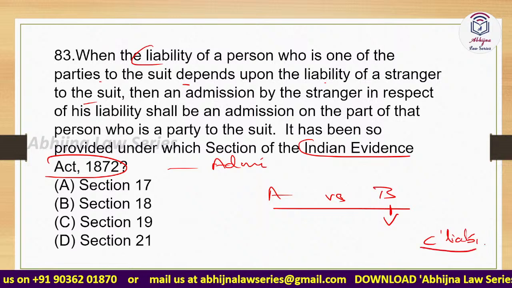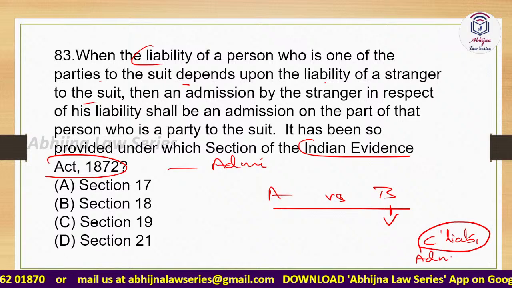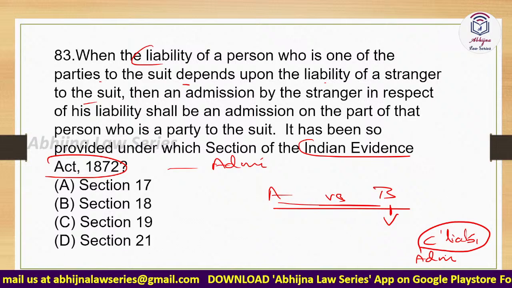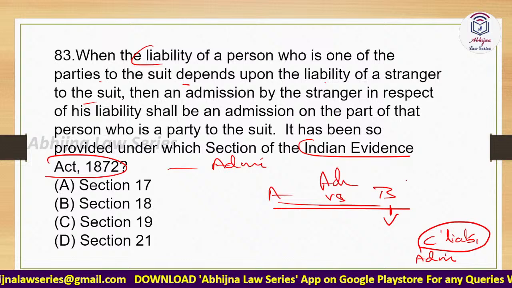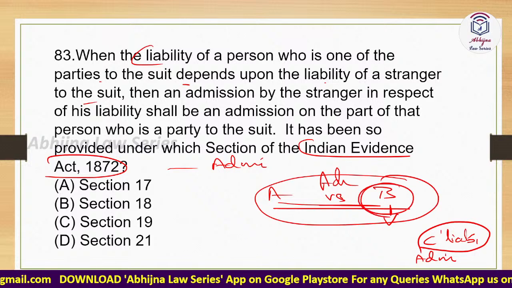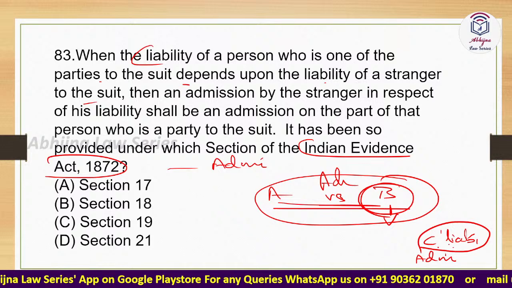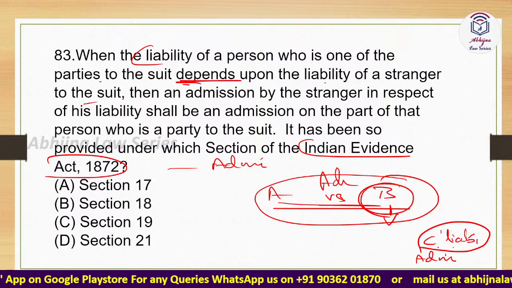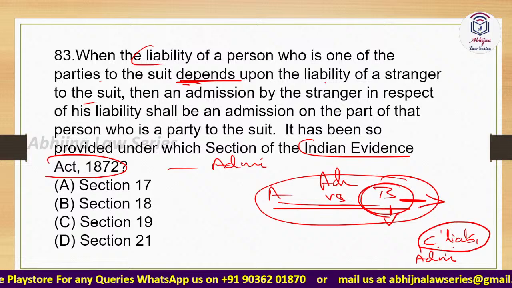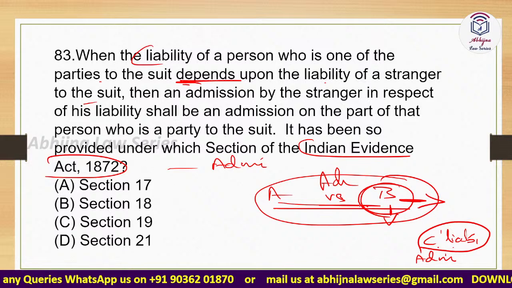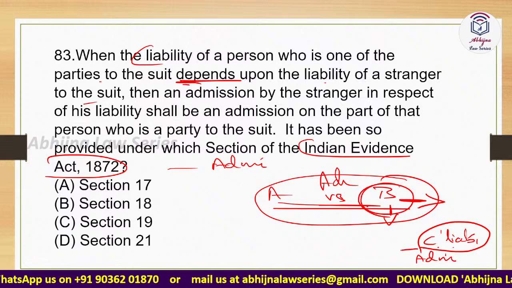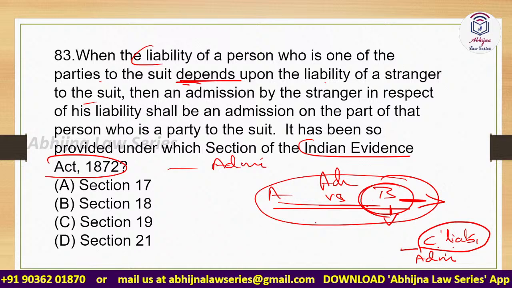So if C is admitting certain things regarding this, then this admission is valid against B also, because B's case rests on C's liability.